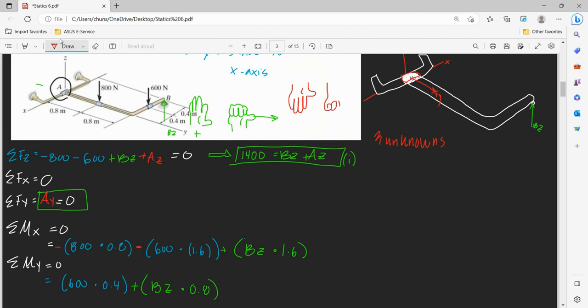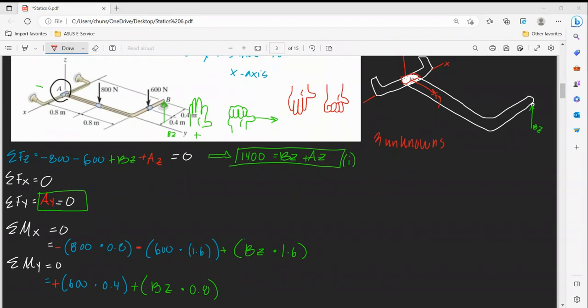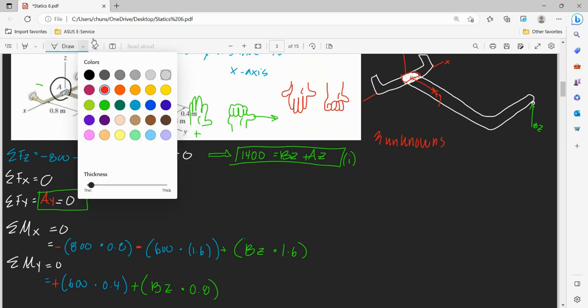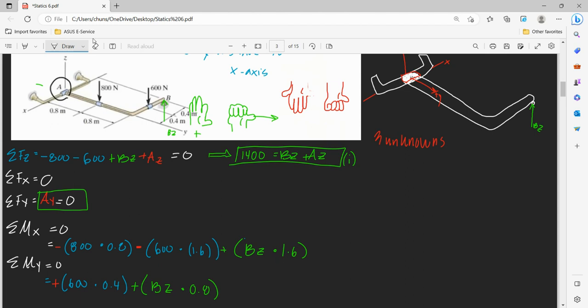So this is like this. And that leaves your thumb pointing in the positive direction. Sorry, again, I drew the thumb pointing in the wrong direction. Thumb points this way, thumb looks like that. Okay, so that means our thumb's going to be pointing in the negative Y direction. So that's going to be negative. Sorry about the confusion. Okay, so that is our moments about our Y axis done.